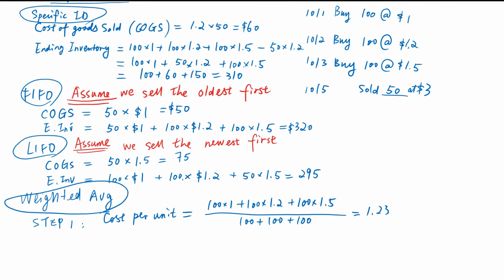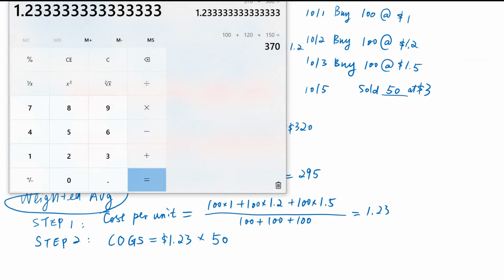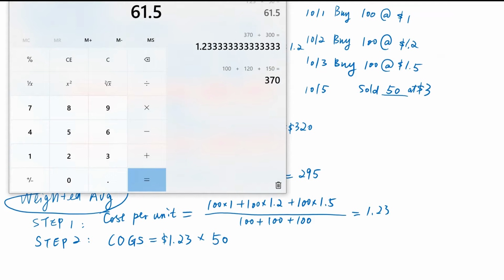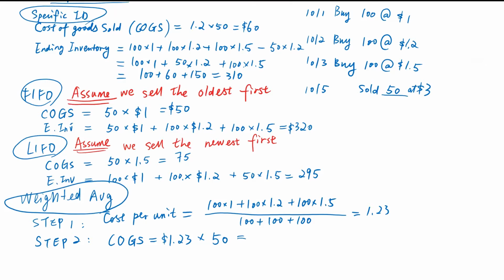And then you go on to step 2 to calculate your cost of goods sold: $1.23 times the 50 apples that we sold, $61.50.